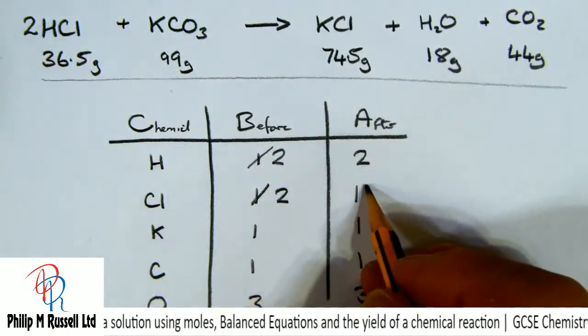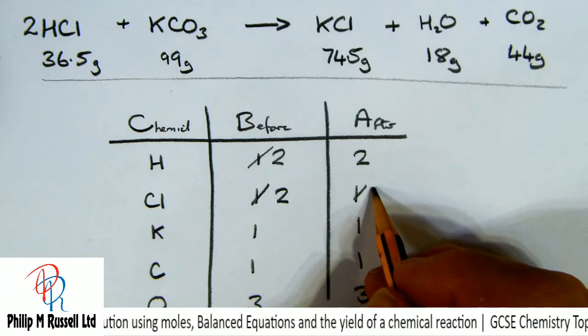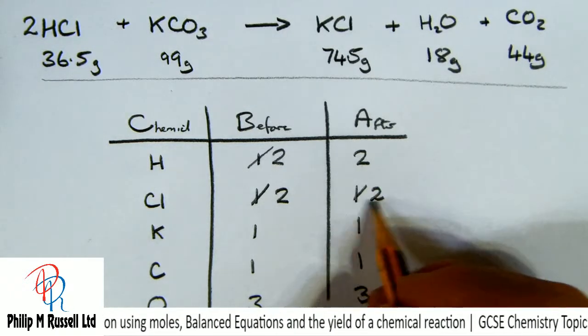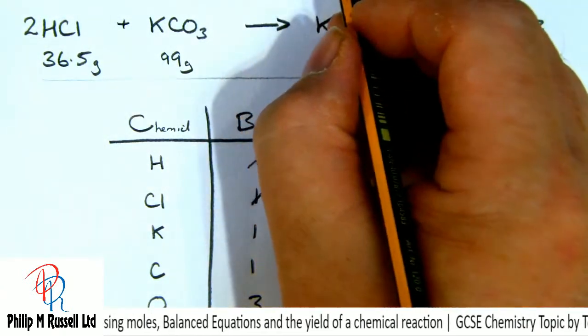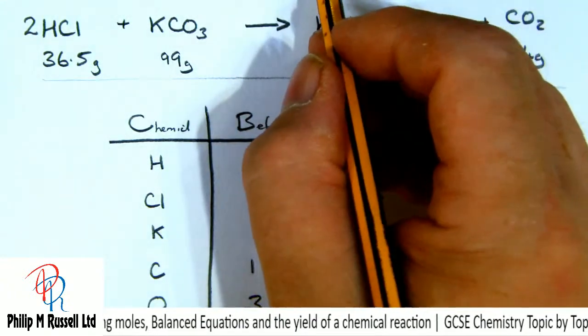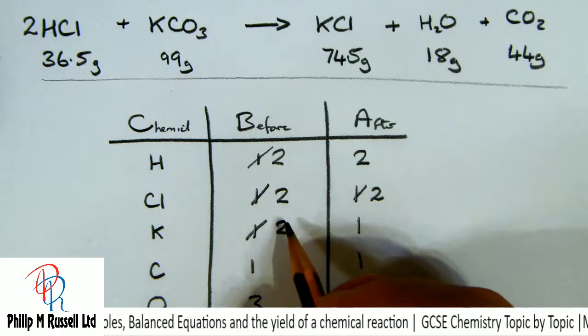So this is going to have to give me here 2 there. If I get 2 here, then my potassium, I'm going to have 2 of those.